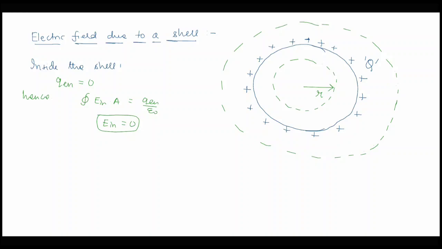Since E and A are parallel, our choice of Gaussian surface is a sphere with its center coinciding with the center of the charged shell.